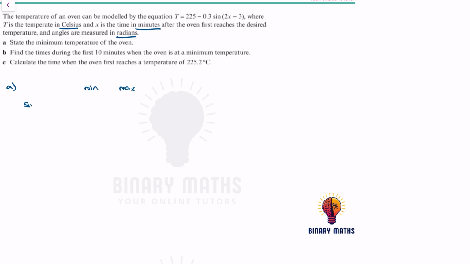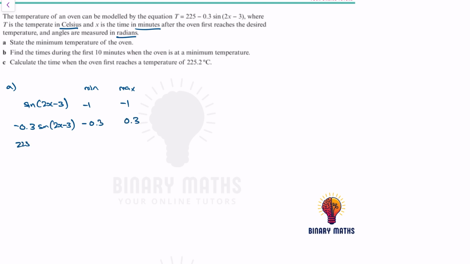So when it's sine of 2x minus 3, that is a horizontal stretch and a horizontal translation, which only affects the x. So that goes from -1 to 1. When it's minus 0.3 sine of 2x minus 3, all the y values multiply by minus 0.3, so the minimum becomes minus 0.3 and the maximum becomes positive 0.3.